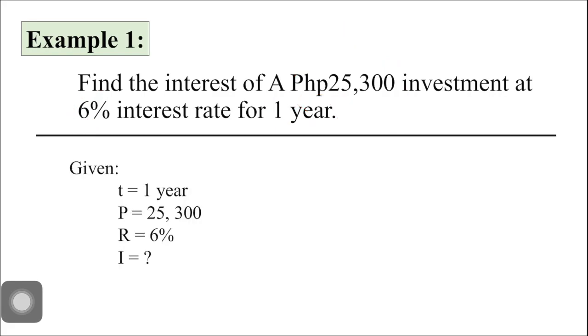So T is 1 year, P or the principal is 25,300 and the rate is 6%. The question is to find the interest.